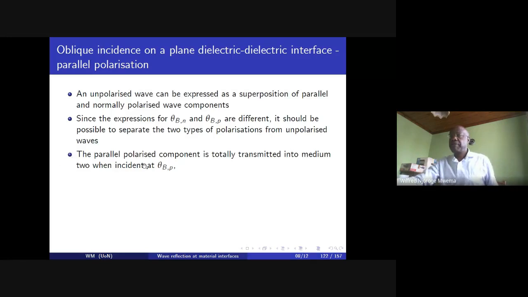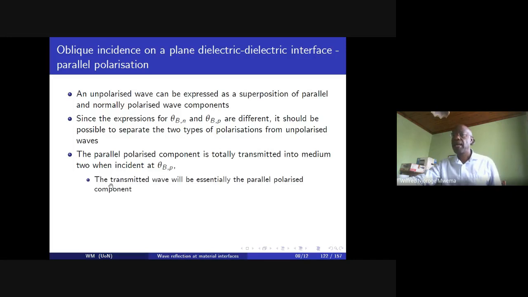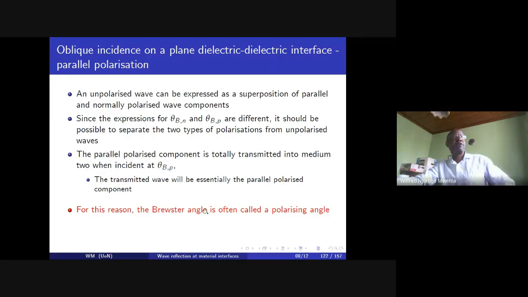So we can say that the parallel polarized component will be totally transmitted into medium 2 when incident at an angle of incidence of theta bp, or the Brewster angle for parallel polarized wave. The transmitted wave will be essentially the parallel polarized wave component, and for this reason, it's as if we have polarized an unpolarized wave just by using our interface, and therefore the Brewster angle will also be referred to as a polarizing angle.